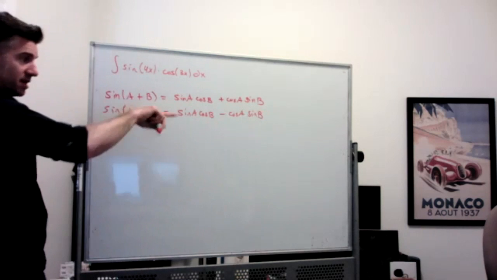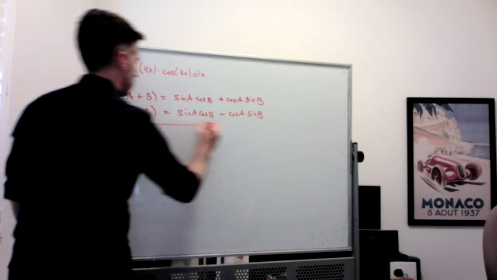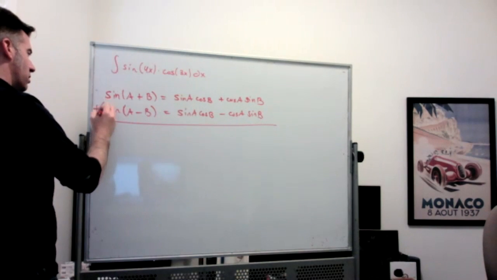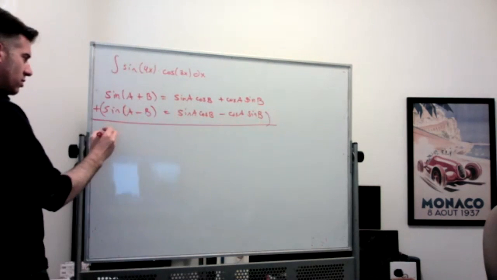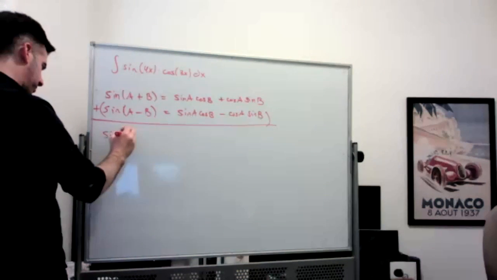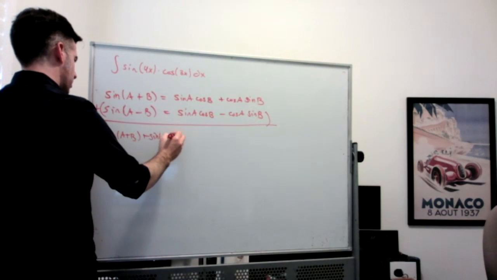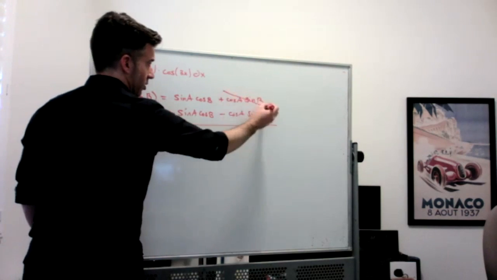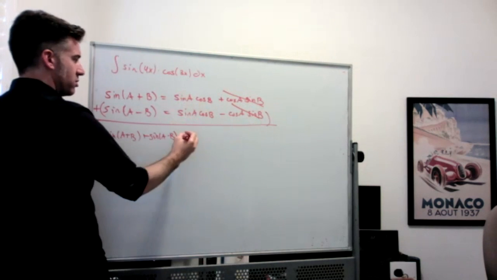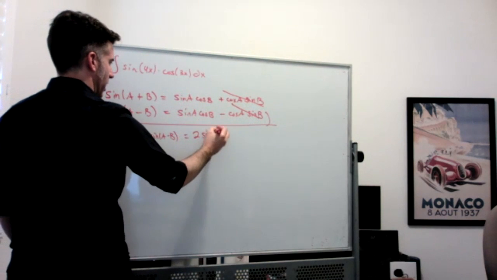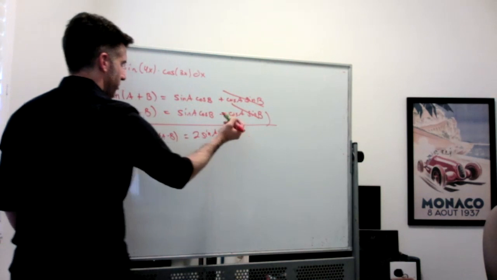And so if you add these together, you get sine of a plus b plus sine of a minus b. These parts cancel, and you get 2 sine a cosine b.